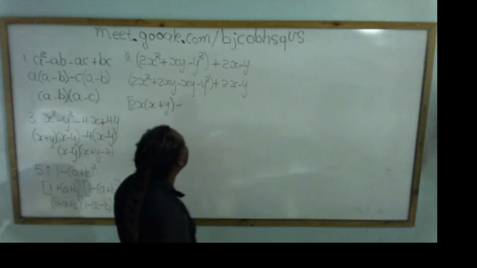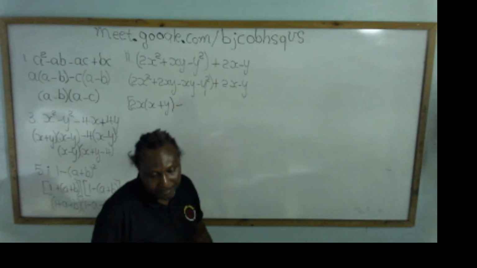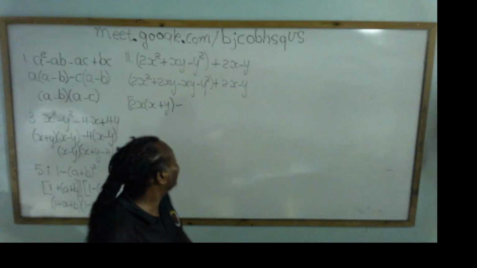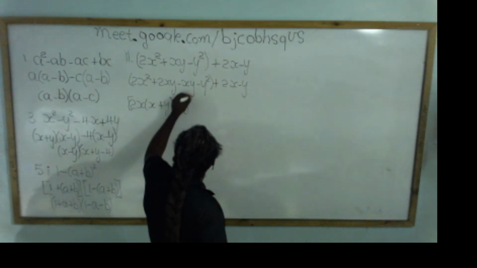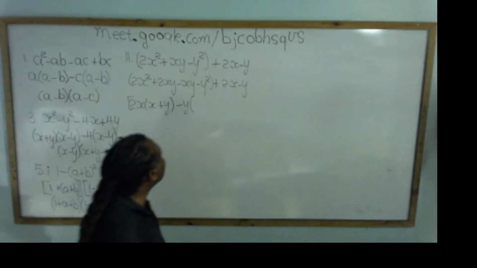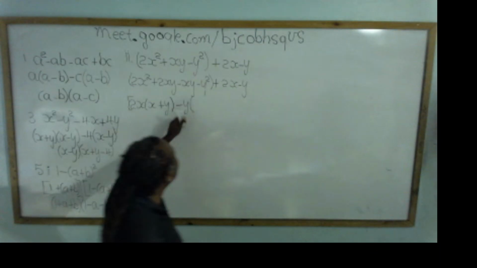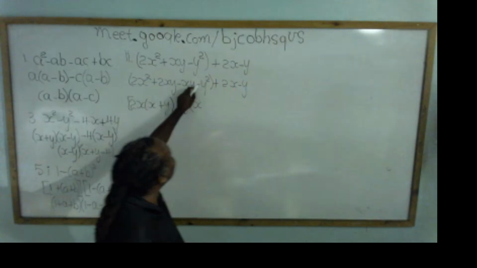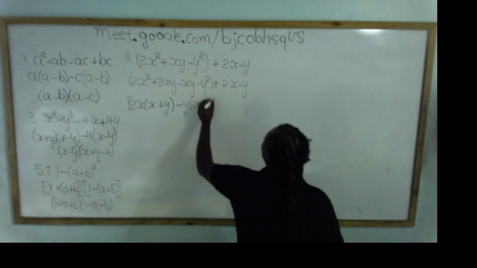Negative sign. What's common in xy and y squared? Yes, y. Thank you very much. That was fast. So the y will cancel with this, and we'll have the x. Negative into negative is positive, and y into y squared is y. And we are through there.